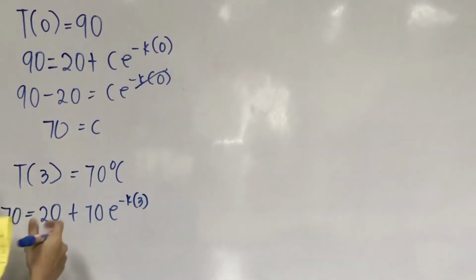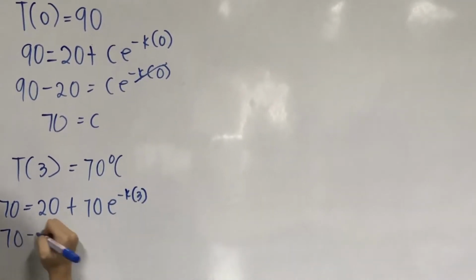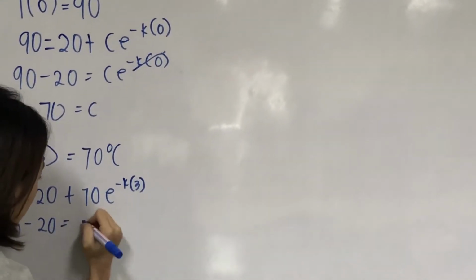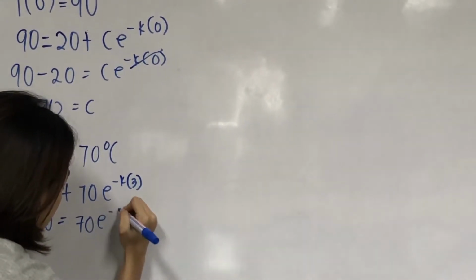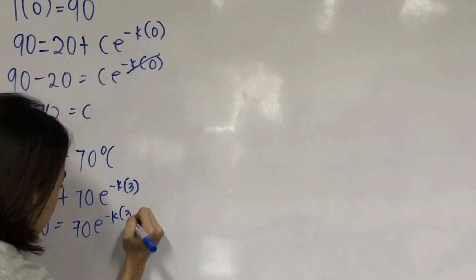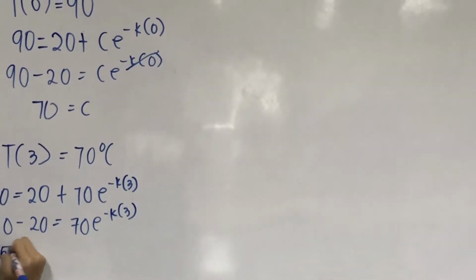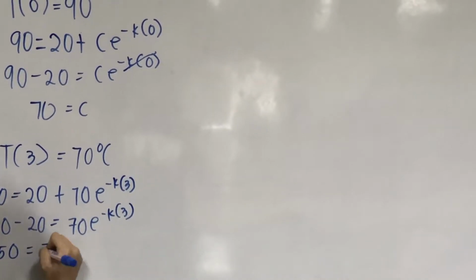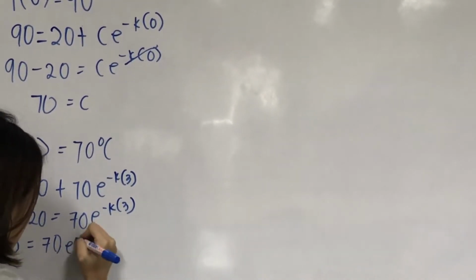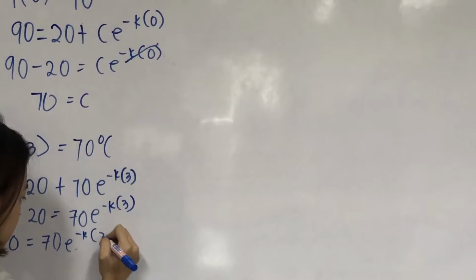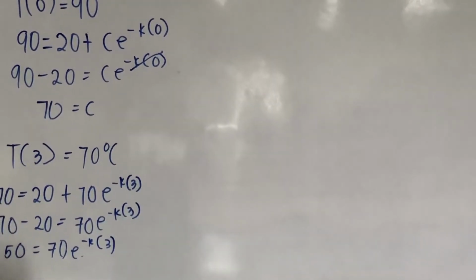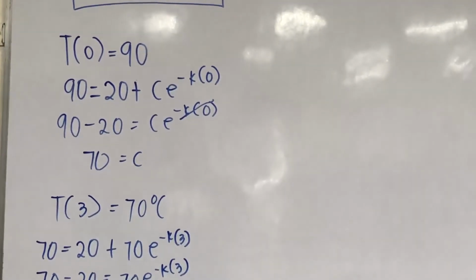So we will have 70 minus 20. Our goal is to find k.